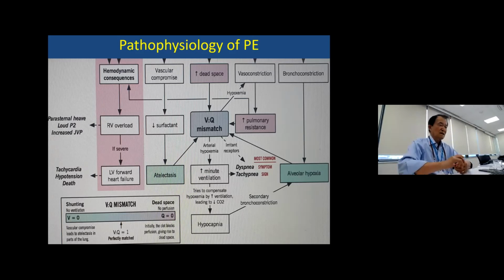So after I look at the scan, I go by clinical likelihood. When you see a certain intermediate pattern, then you look at the clinical record of the patient.